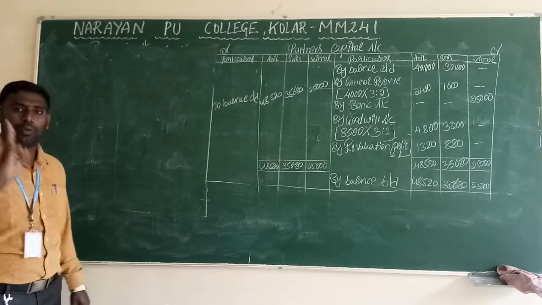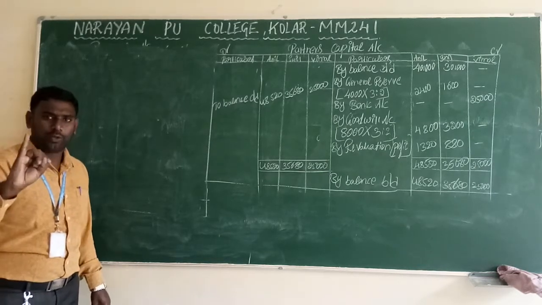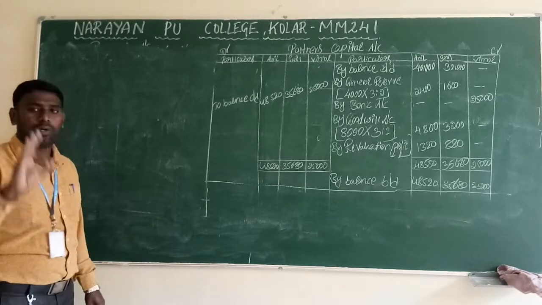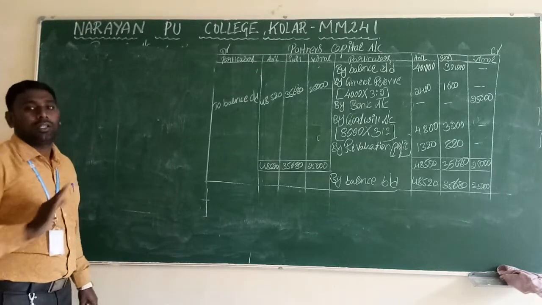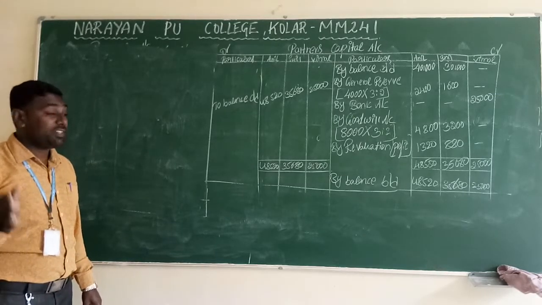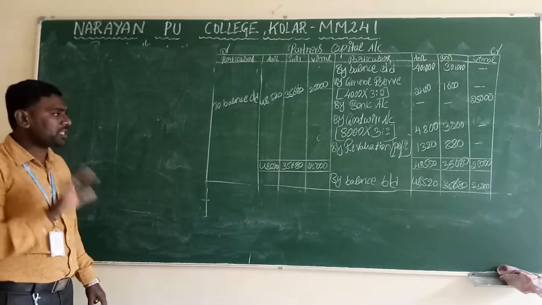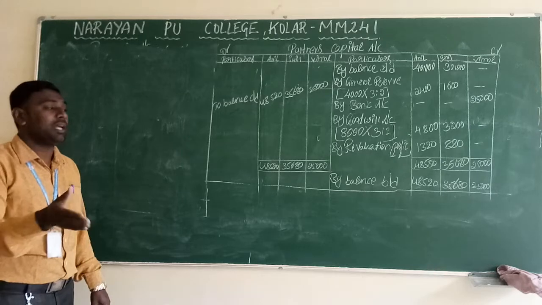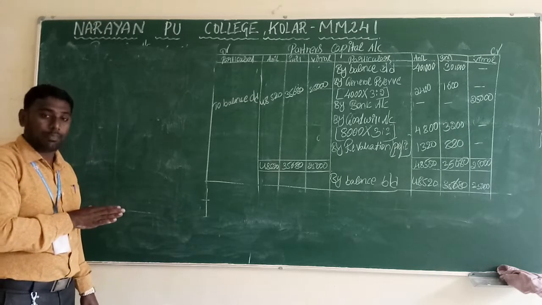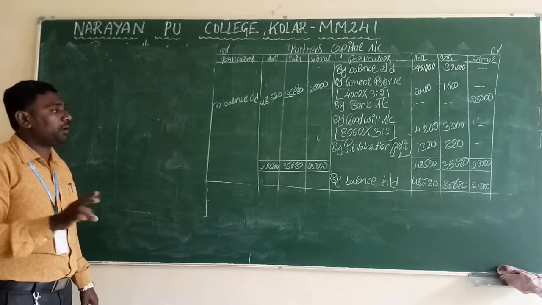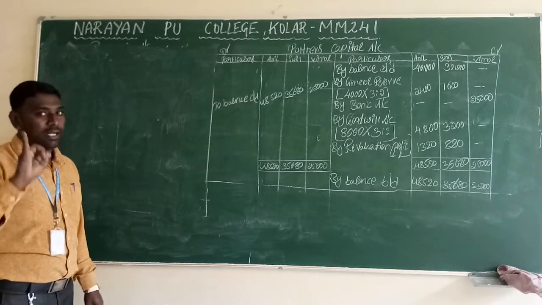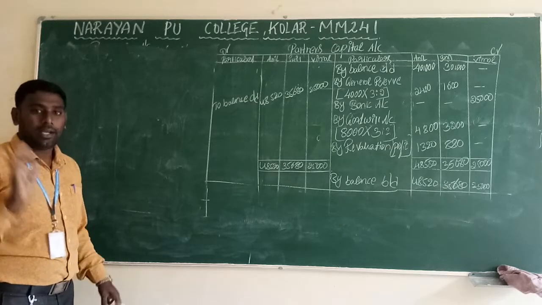Otherwise, we prepare only three accounts: one is the revaluation account, number 2 the partners' capital account, and number 3 the balance sheet. In the first question we prepare all the accounts, and later in other problems we prepare only those three: revaluation, partners' capital and balance sheet.